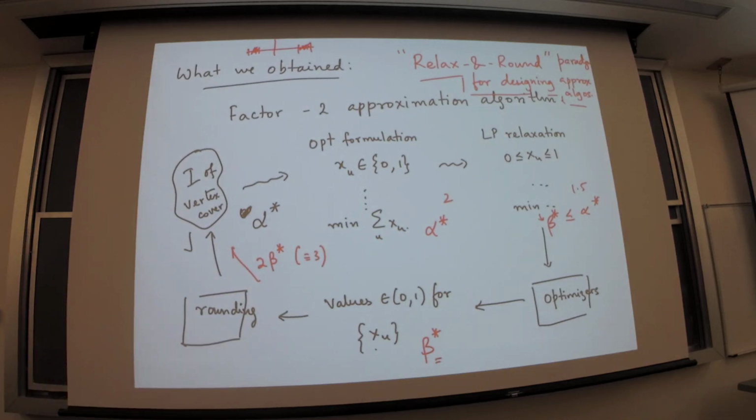So we could add a condition like for any edge uv, x_u cannot equal x_v, right? So that's again a problem. How do you say that it's not equal in a linear program?